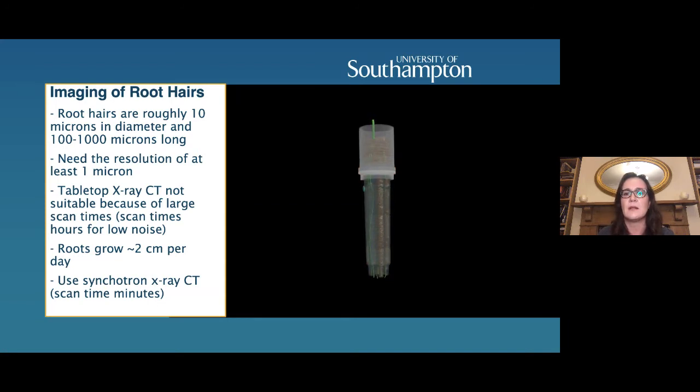Now the challenge for imaging and seeing into soil is that the root hairs are roughly 10 microns in diameter and they are 100 to 1,000 microns long, so they are long thin structures. And to be able to detect them, we need at least 1 micron resolution.